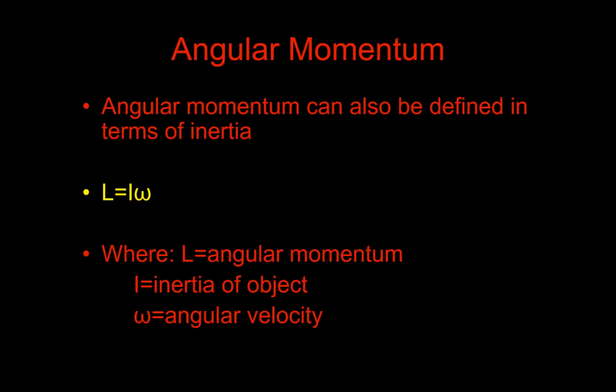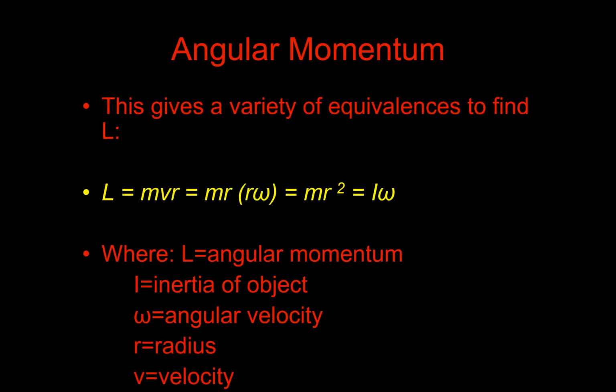We've seen this a couple of times in terms of inertia. I think given the time frame we're looking at, we'll mostly stick to looking at L being mvr, but you can also exploit the inertia should you need to, where L is I times omega. That means there's multiple definitions of angular momentum. L can be mvr or mv cross r. This can be mr times omega r, or mr squared omega, or I omega.